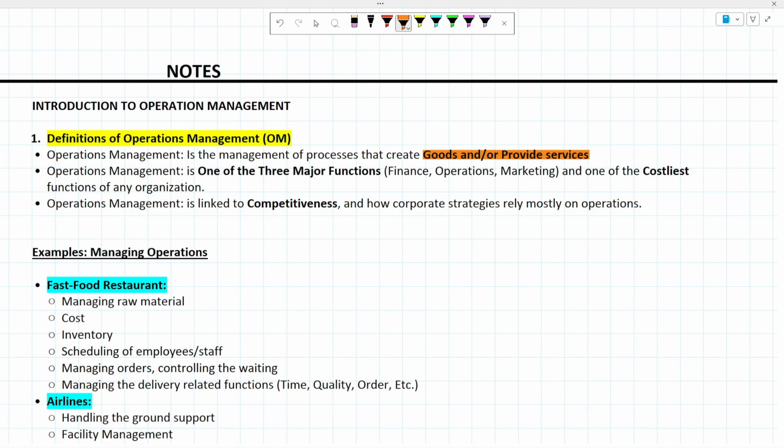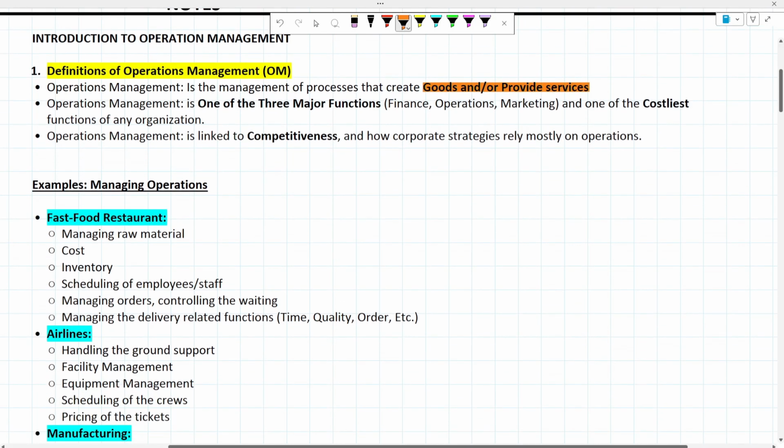Operations management is one of the three major functions and one of the costliest functions of any organization. The two other major functions are finance and marketing. So we're focusing on just the operations. Operations management is linked to competitiveness, and corporate strategies rely most on operations.